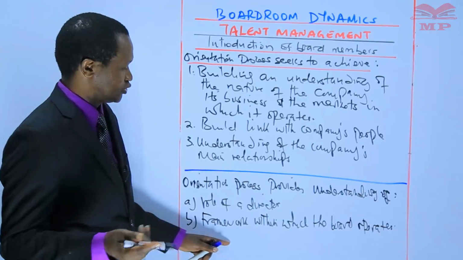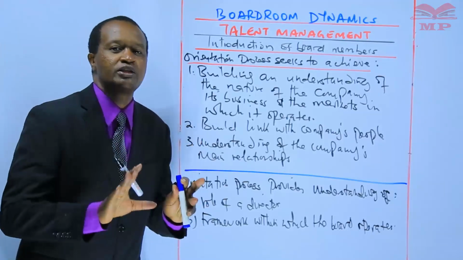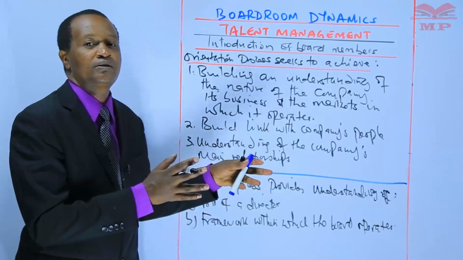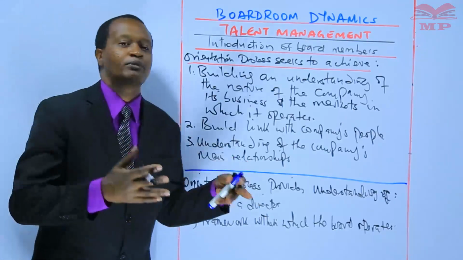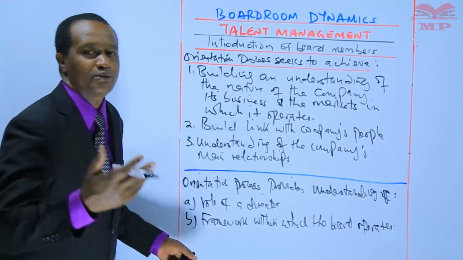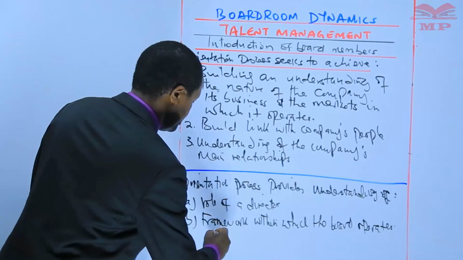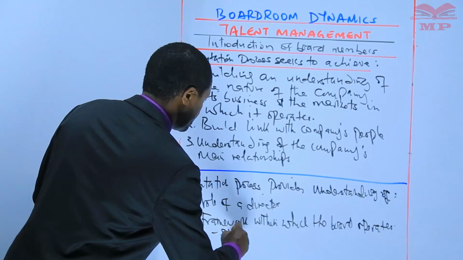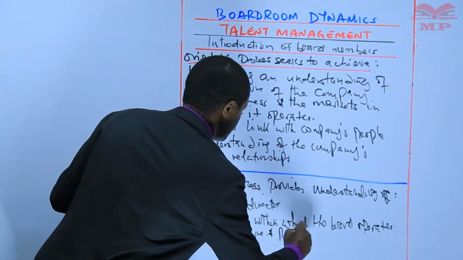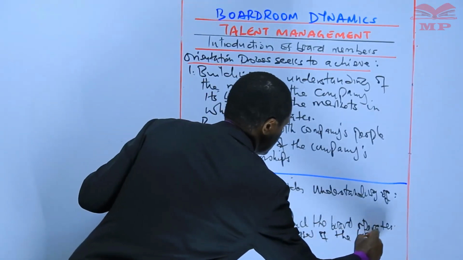The new director should understand the framework within which the board operates because he is one of the board members. For example, the board member should learn the structure and processes of the board.